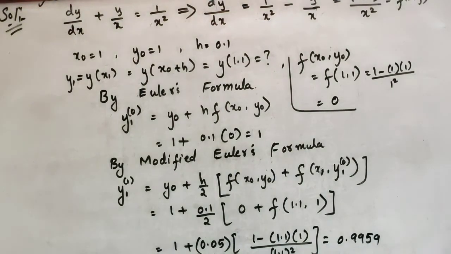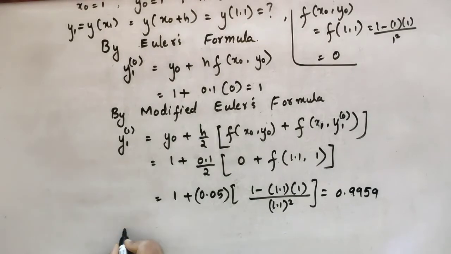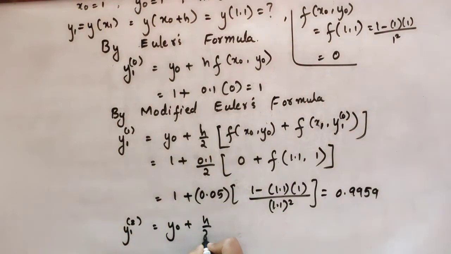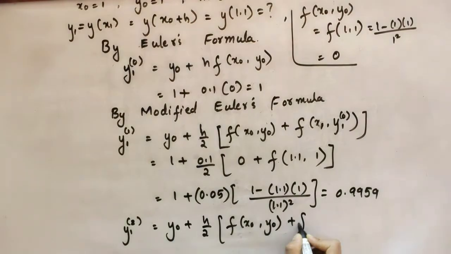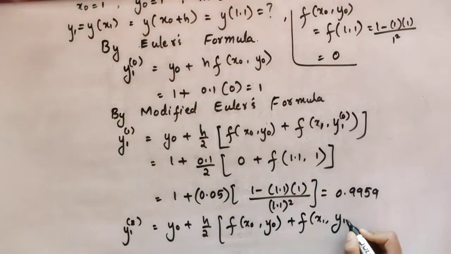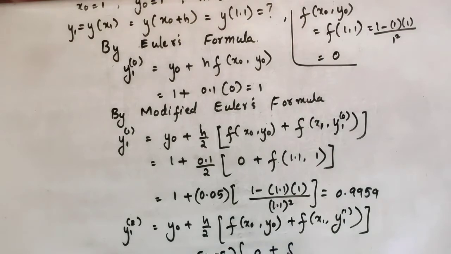Similarly, let us go for one more iteration. y1 second approximation is y0 plus h by 2 times f of x0, y0 plus f of x1, and the recently evaluated value for y1, which is the first approximation. So y0 is 1, h is 0.1 divided by 2, so 0.05. f of x0, y0 is already 0, so 0 plus f of 1.1 comma 0.9959.